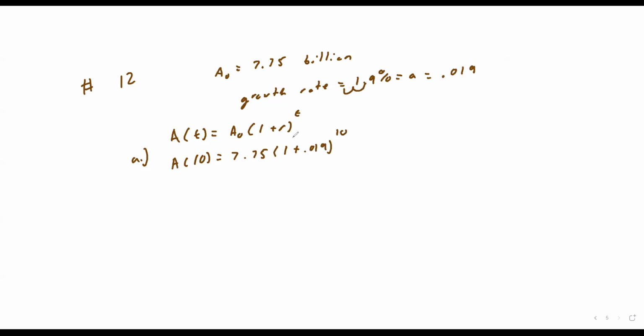So there's a couple other ways you could do this. Some people teach it as they'll find out what the interest rate is, 0.019, and then go back and add it to 7.75. There's nothing wrong with that. In this situation, this allows you to get the grand total all at the end rather than having to do it in multiple steps. All right, so let's make sure we did this right. We'll plug it in our calculator.